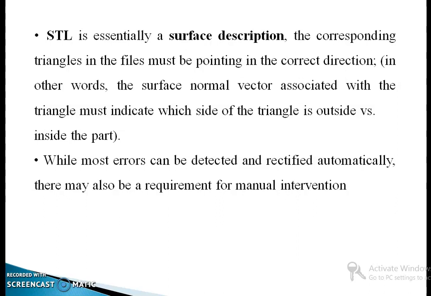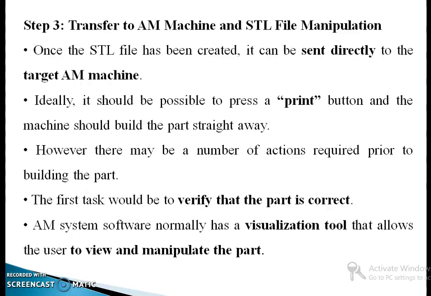Means which one is your curved portion, which one is your smooth portion, and which one is your triangular portion is indicated by the STL surface description. While most errors can be detected and rectified automatically, there may also be a requirement of manual intervention. Means we have to identify the errors in your CAD model to eliminate the failure of component machining. This is your second step.